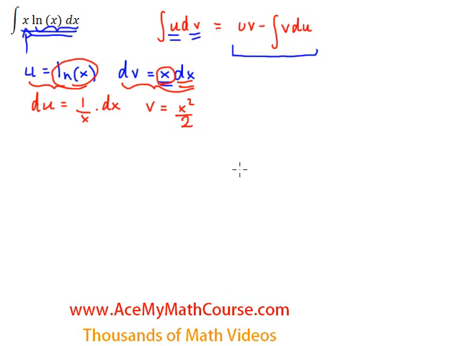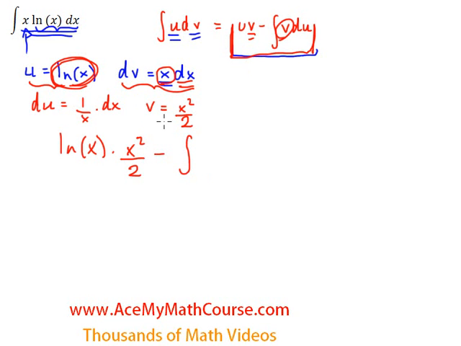Great. Now what do we do? We can just plug everything into the formula right here. So u times v, our u is ln of x, and our v is just x squared over 2. Now we're subtracting the integral of v, which is x squared over 2, times du.